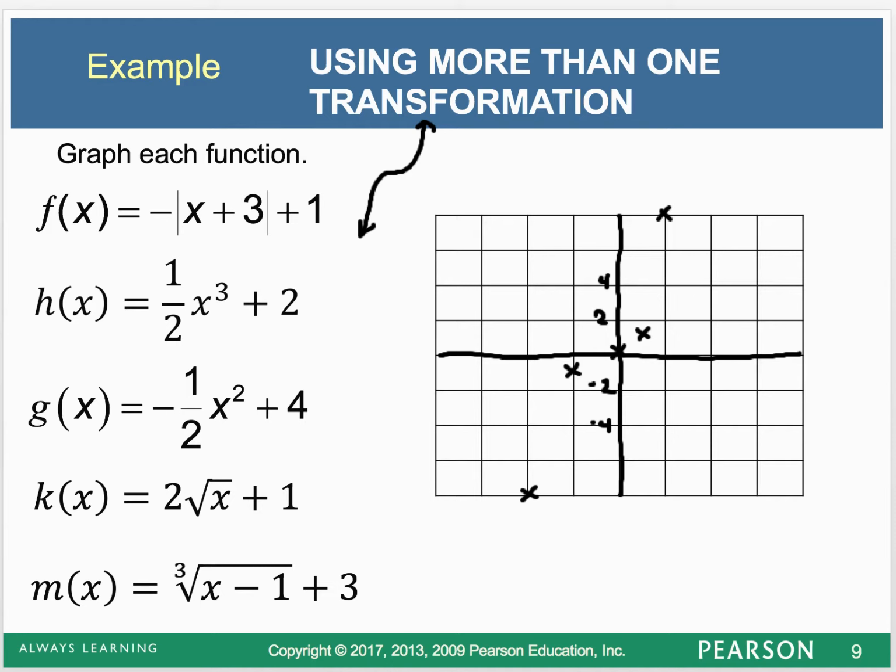Okay, whoops, I got off on where my 1 was. This is 1, and this is 2. Okay, so imagine drawing it in. It's got a little hump. So that's what the cube shape looks like.